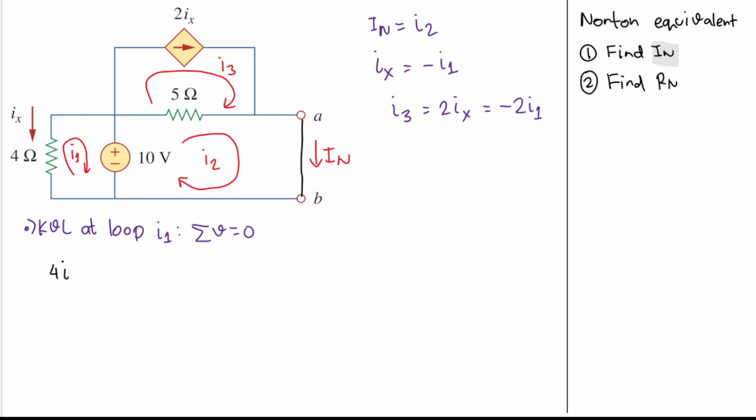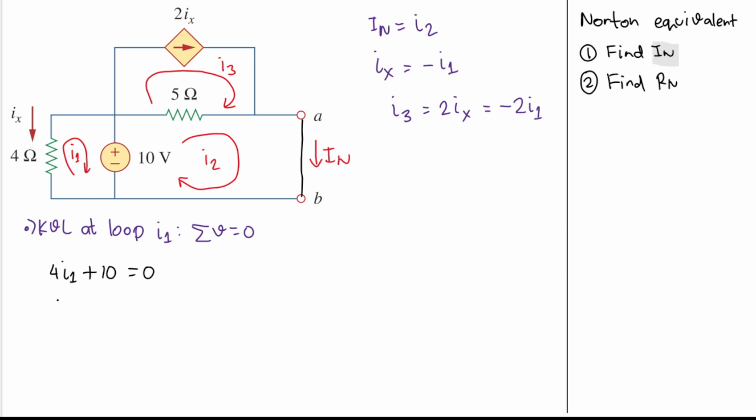Then the current enters the positive terminal of the source, so we have a positive sign, and the value is 10 volts, because 10 is the voltage. We have finished all the components in this loop, so this equals 0.